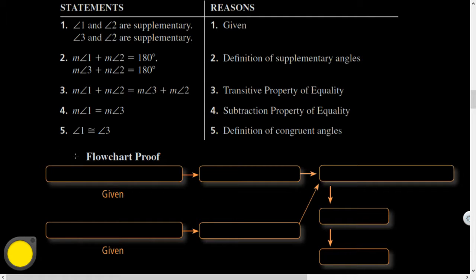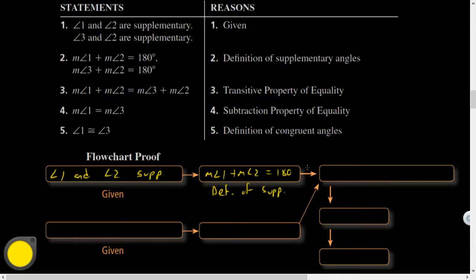helpful or conducive later. So let's see, for first given, angle 1 and angle 2 are sup, and because of that, I could then say measure angle 1 plus measure angle 2 equals 180 by def of sup. There is a fill-in-the-blank flowchart proof on the test as well, but it's not super crazy.